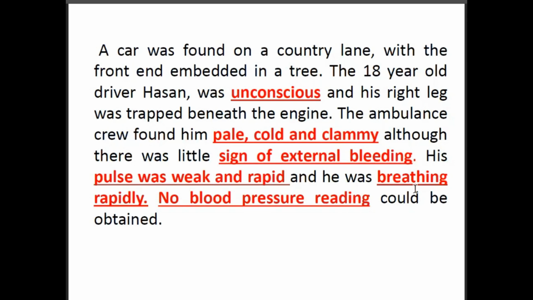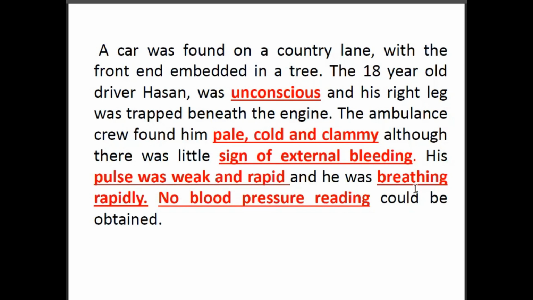We don't know how much time the ambulance took to come, but let's be very realistic and optimistic and believe that the ambulance came very fast. So they found him pale, cold, and clammy. So he has all signs of shock. Although there was little sign of external bleeding, so he did not lose all his blood yet.